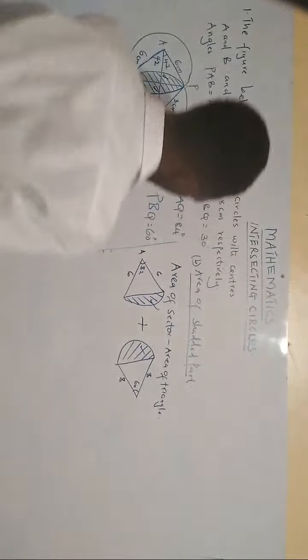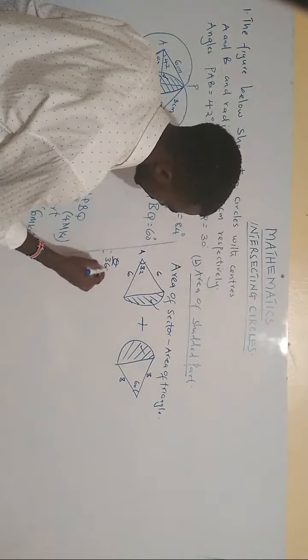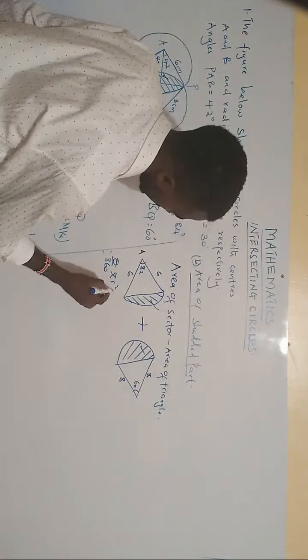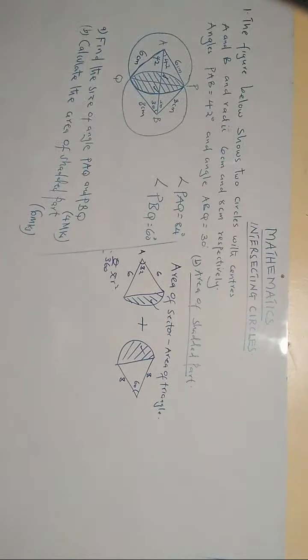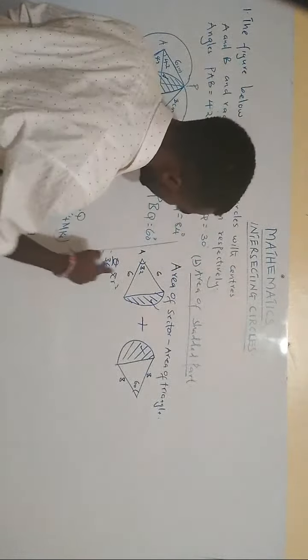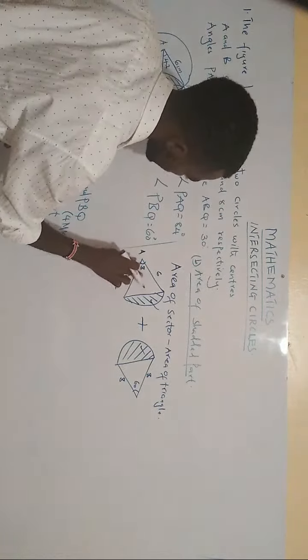Let's do it. Area of a sector is theta over 360 pi r squared. So let me get my calculator. This is 84, right?